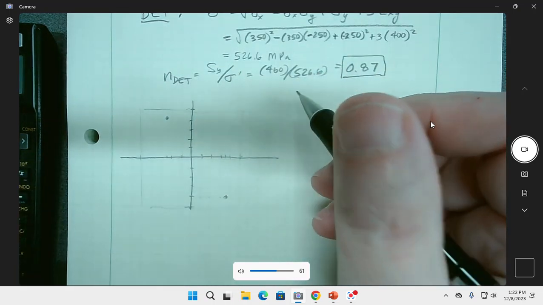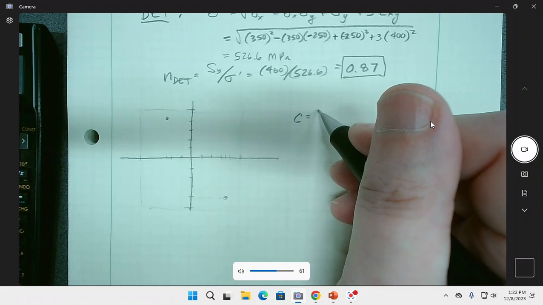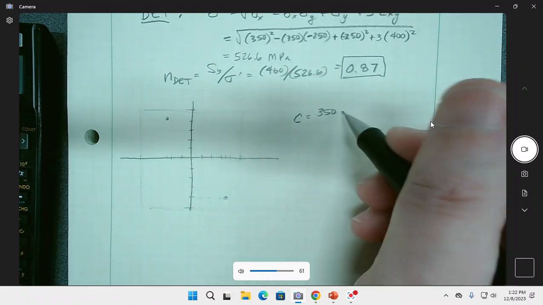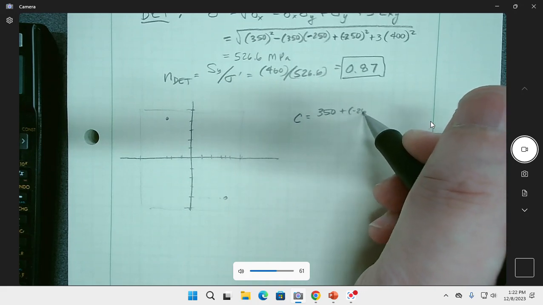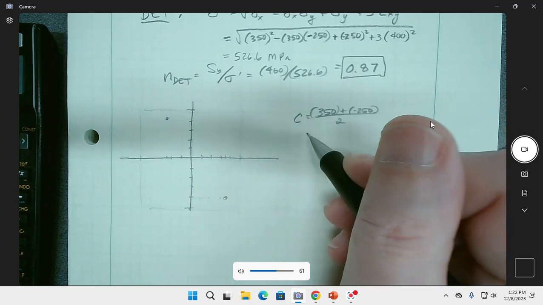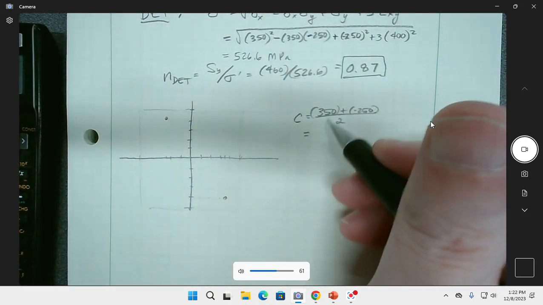And we could also check where the center is going to be right away. So the center is going to be 350 plus negative 250 divided by 2. I should be able to do it in my head, but I'm not. I don't trust myself. I have trust issues with myself. That's going to be 50.